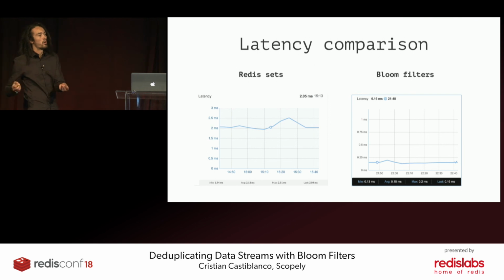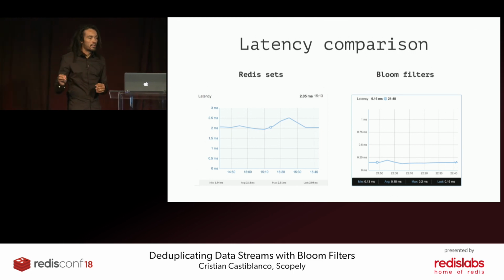What you do is you turn on these bits. When you want to check if an item is part of this set, what you have to do is check if these bits are on or off. If one of them is off, at least you know that the item is not there, right?